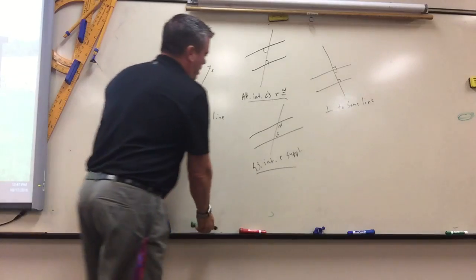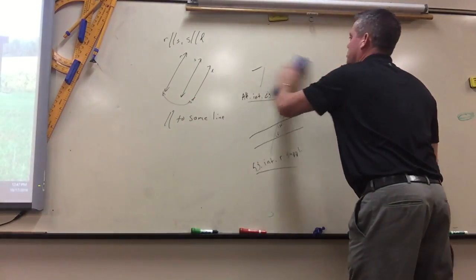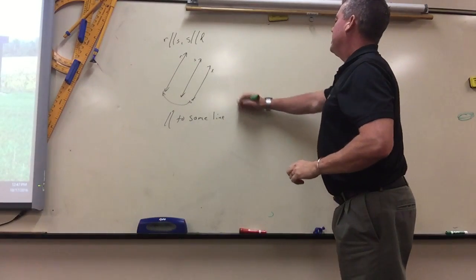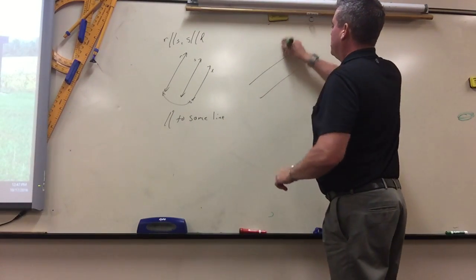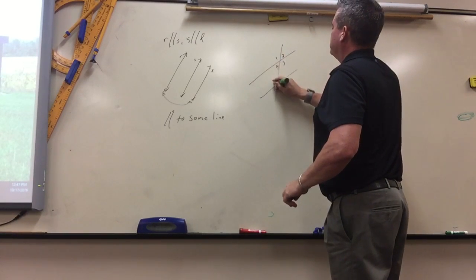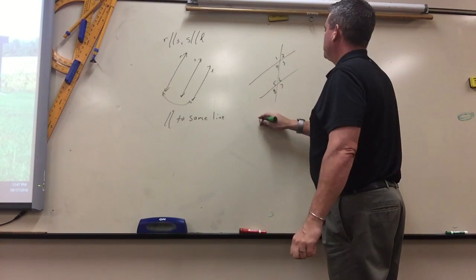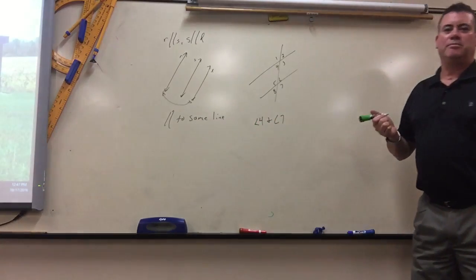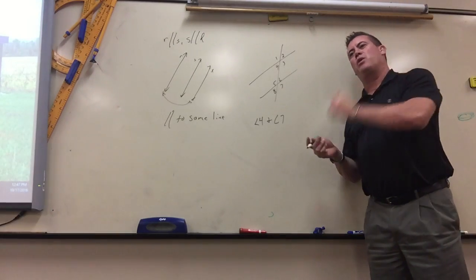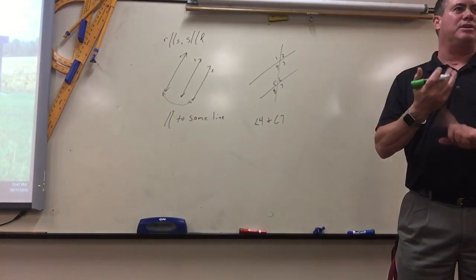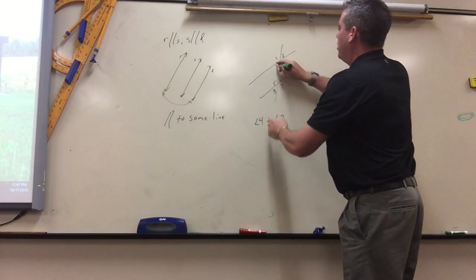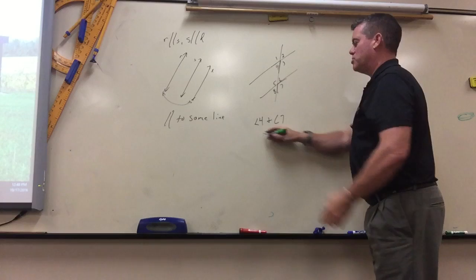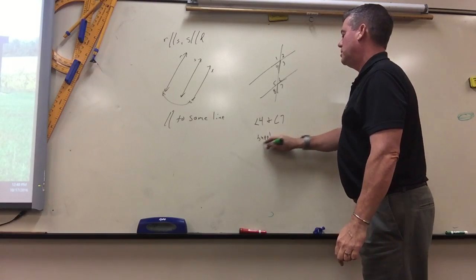There is a part also that I already went over, but just to make sure everyone understands what's happening on this: if you got a picture, you're going to be given 2 angles, and then all you got to do is say whether they're congruent or supplementary to each other. 4 and 7 are not congruent because this is less than 90 and that's more, so you'd say they are supplementary.